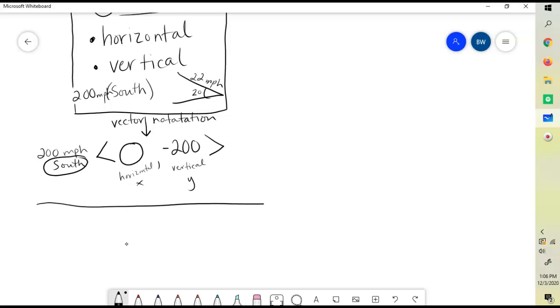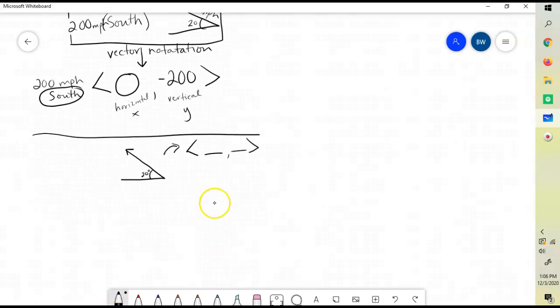Sometimes you are given instead this picture of the vector moving. You're given a degree measure of that movement, and then you're being asked to turn that into vector notation, which you have been taught to do.